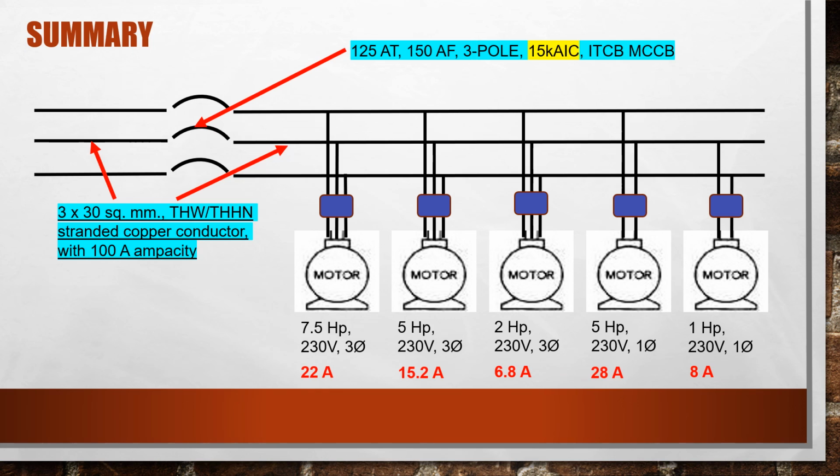As discussed in my previous videos, the KAIC rating must be determined using the short circuit calculation. So in here, this is only an assumption. And also you have to indicate what type of breaker you are going to use. So here it is the inverse time circuit breaker, and it is an MCCB, a molded case circuit breaker.